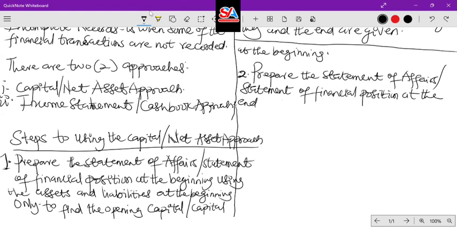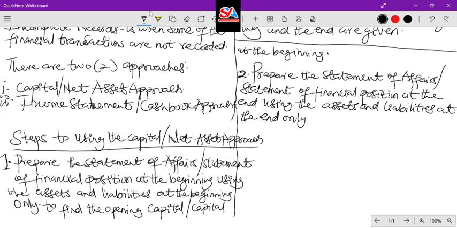At the end, using the assets and liabilities at the end only to find what?